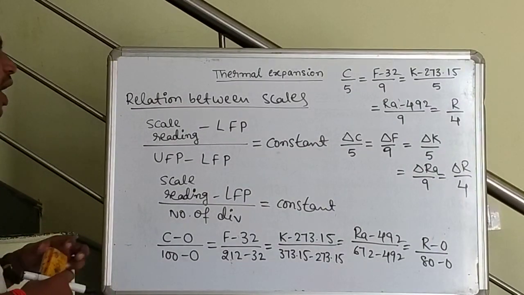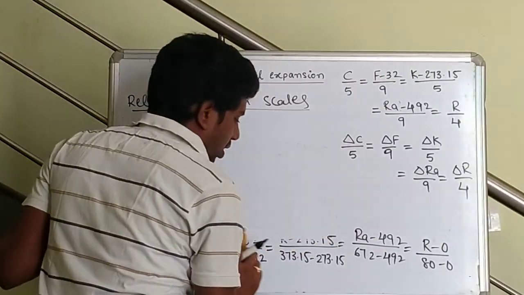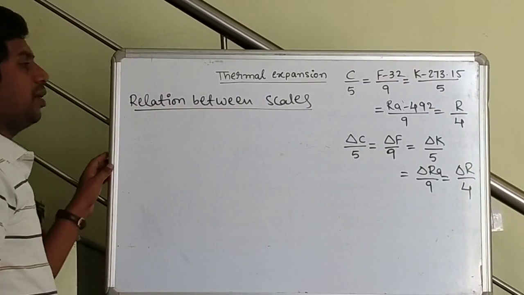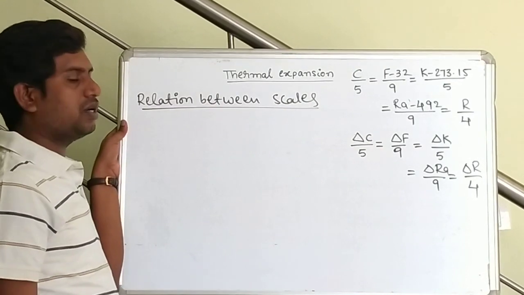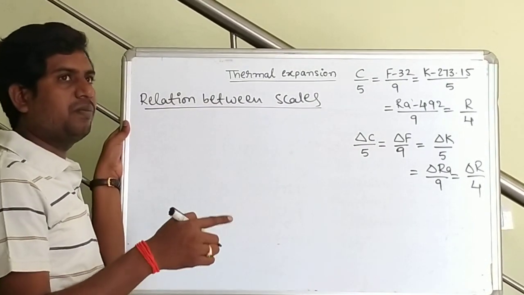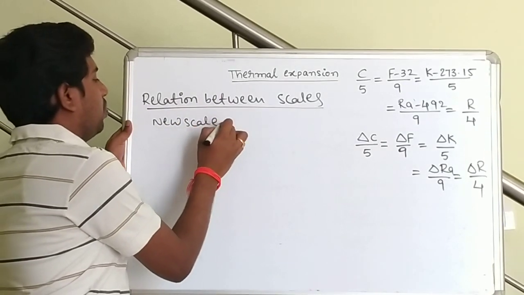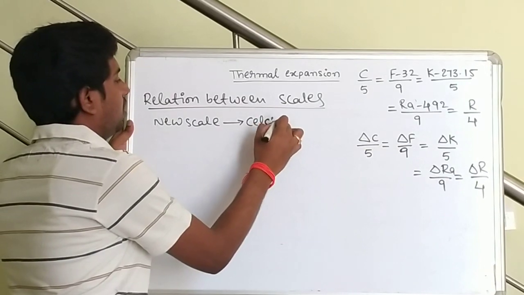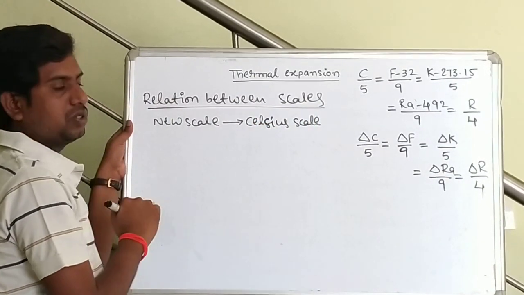For example, if I have one new scale, and I have measured the temperature using that new scale, and I want to convert the temperature from the new scale to the Celsius scale, then the same formula is used again.